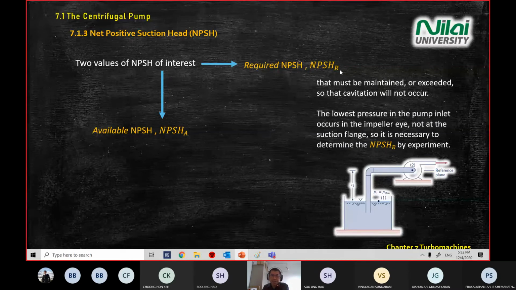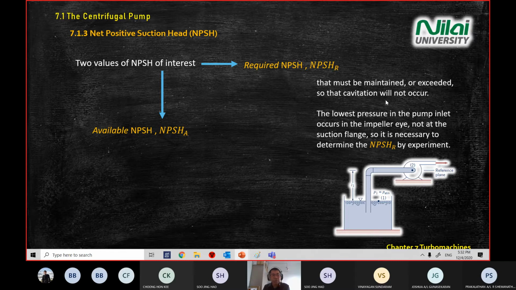Required NPSH is an important value so that cavitation cannot happen. This value must be maintained so that the cavitation problem does not occur.